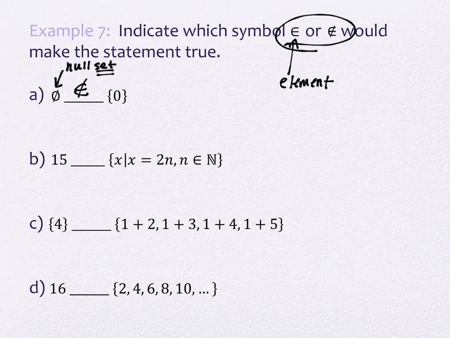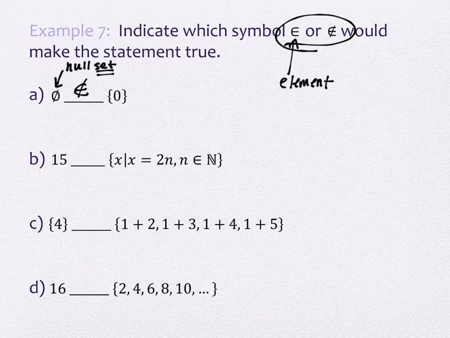Now the second one, the number 15. The number 15 is an element. Now take a look at 15 compared to 4 in the curly braces here. What's the significance of the curly braces? Do you remember?